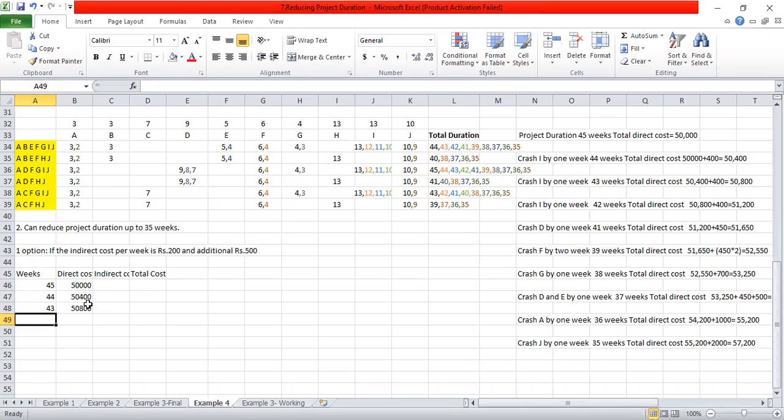50,800. For the 42 weeks, 51,200. For the 41 weeks, 51,650.